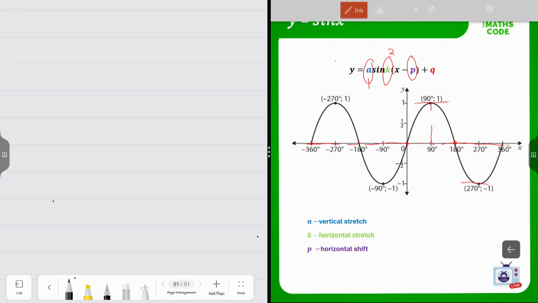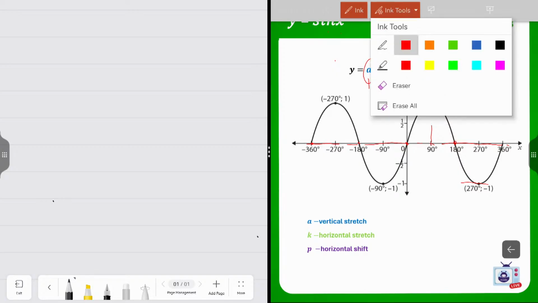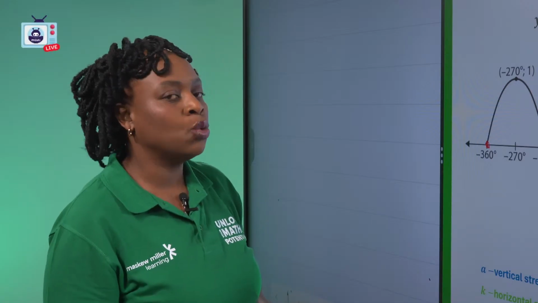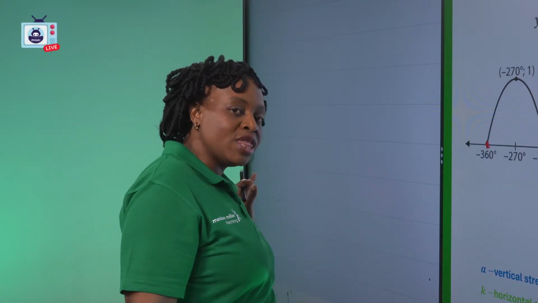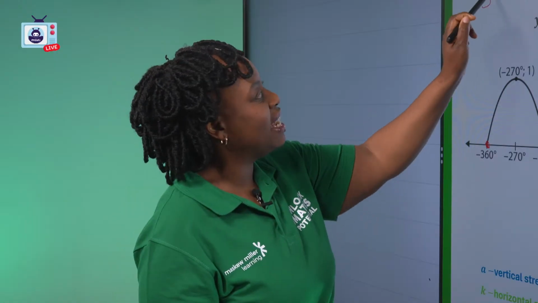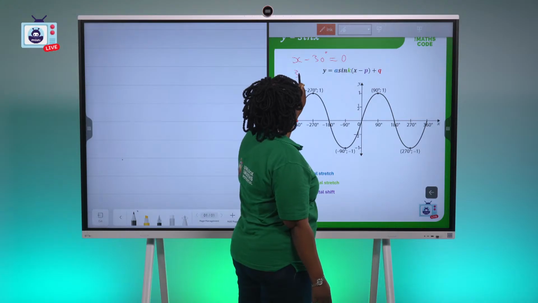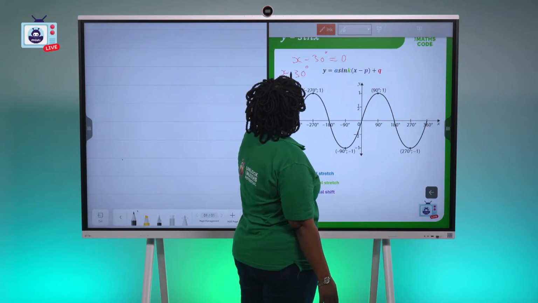It simply means that if I was given these values that I'm having here, all of them the way they are, and I was given the value of P to be 30, so if it's x minus 30, then my point will move 30 units to the right, because x minus 30 degrees equals 0, which makes x equal to 30 degrees, positively.